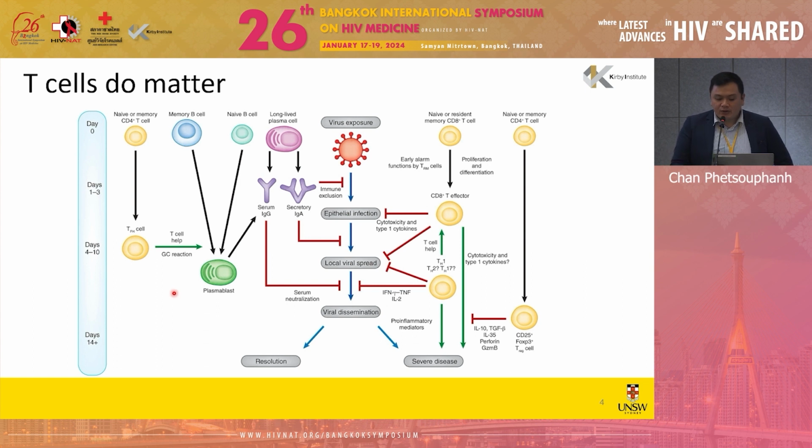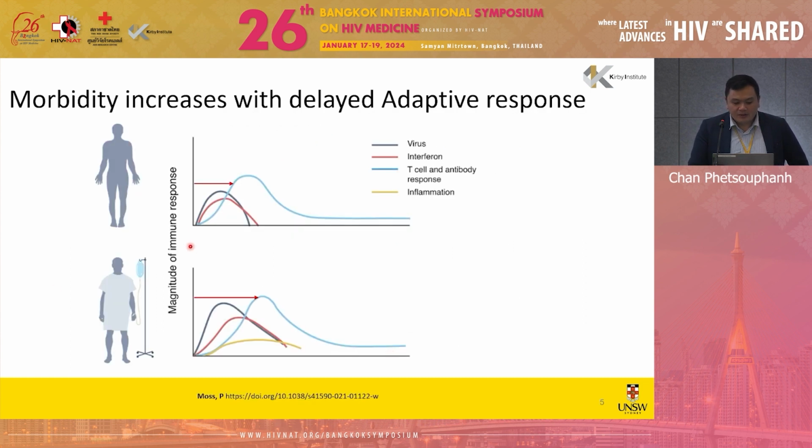Failure to control viral dissemination by the adaptive immune system can lead to severe disease. This schematic by Paul Moss from Birmingham shows that if you have a delayed adaptive immune response, you have increased morbidity and a higher chance of severe disease following SARS-CoV-2 infection.